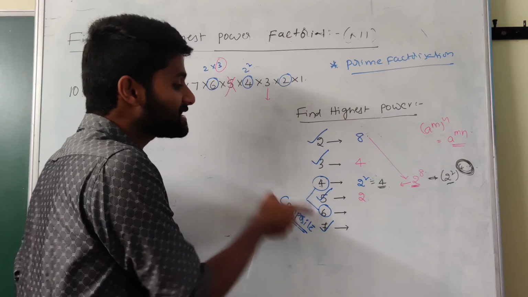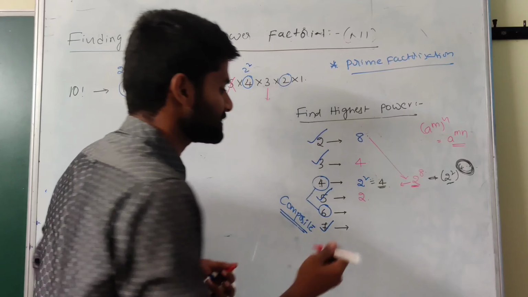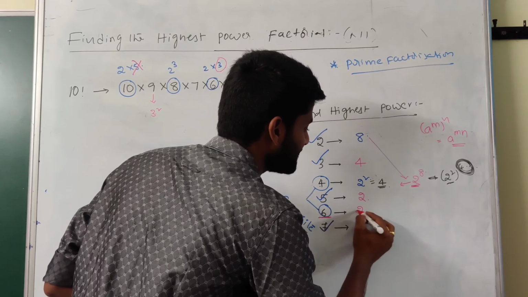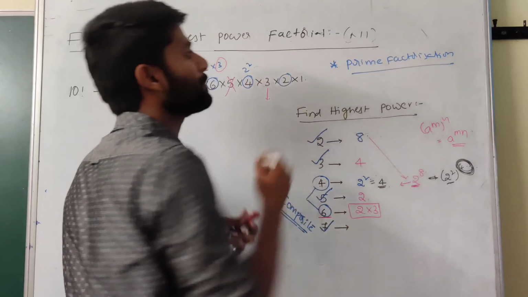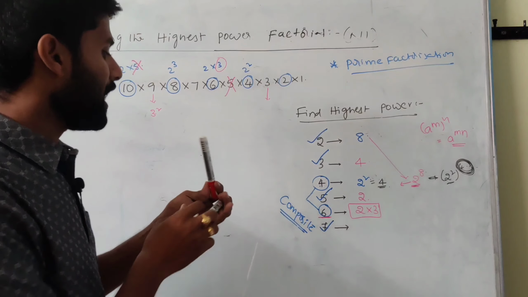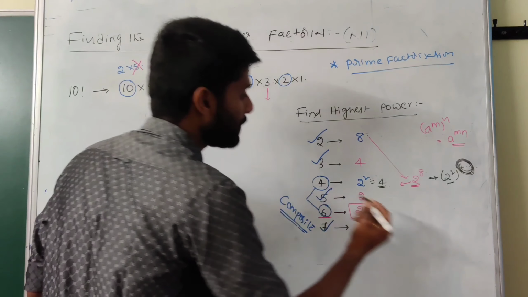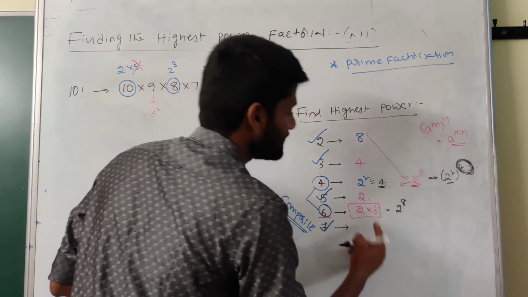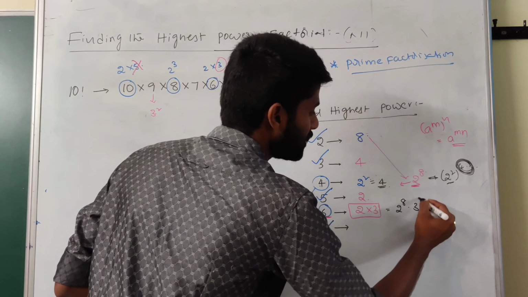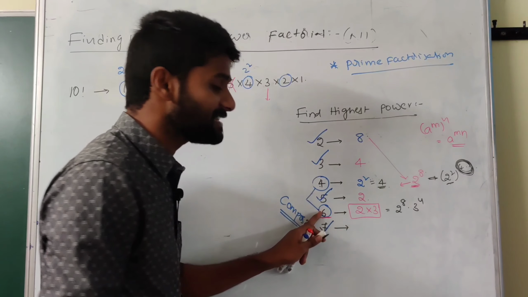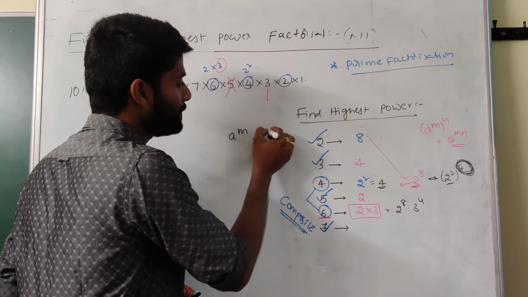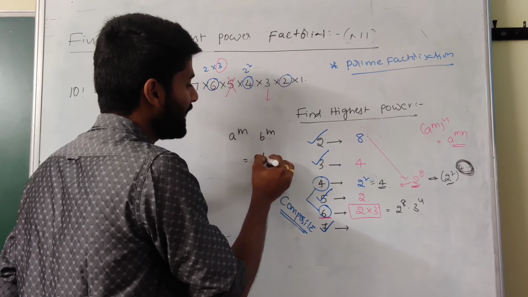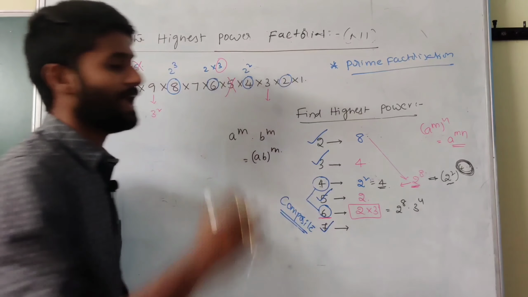Here we need to find the maximum power of 6. The maximum power of 6 means 6 can be written in terms of 2 and 3, because a prime factorization is always required. You already calculated the maximum power of 2 is equal to 8 and the maximum power of 3 is equal to 4. But we require 6, so we use the property a power m into b power m can be written as ab whole power m.